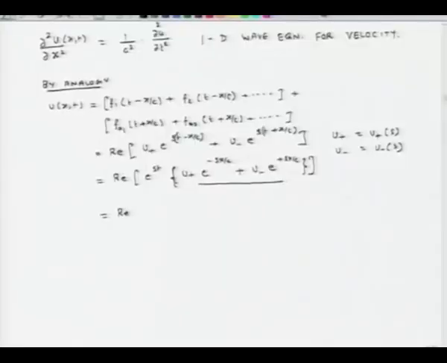So, it gives U, which is a function of x and s, times e to the power of s t.